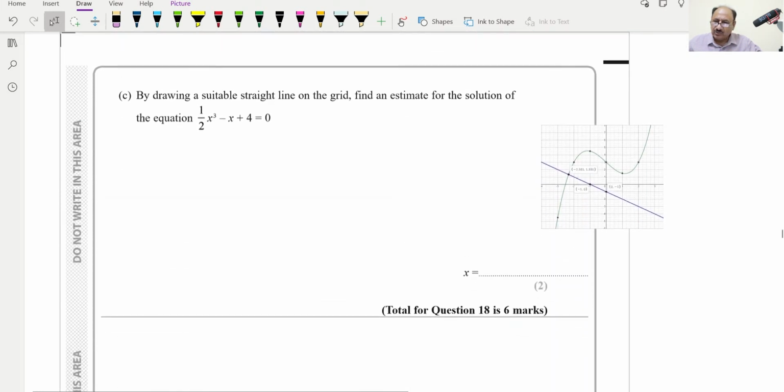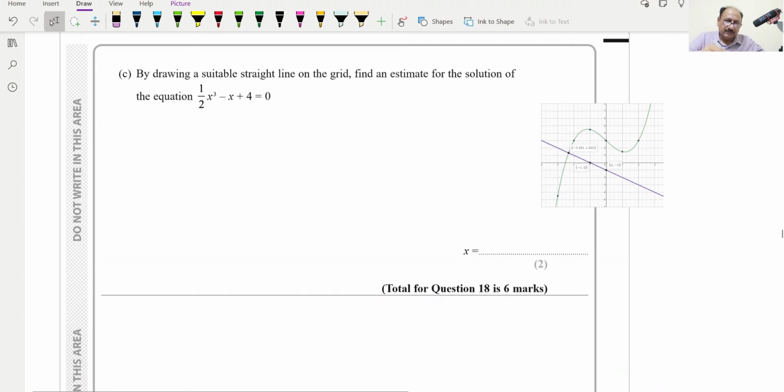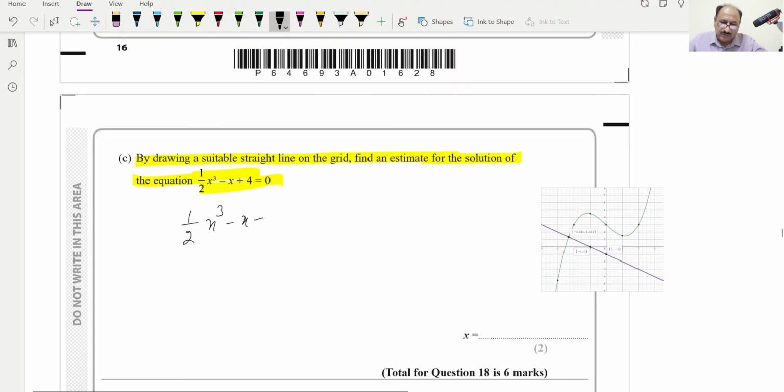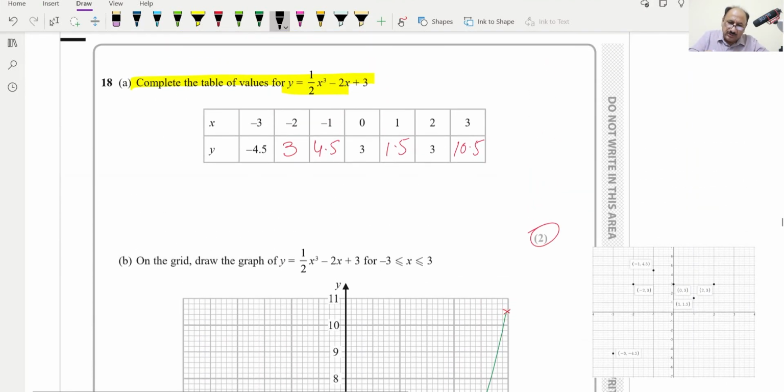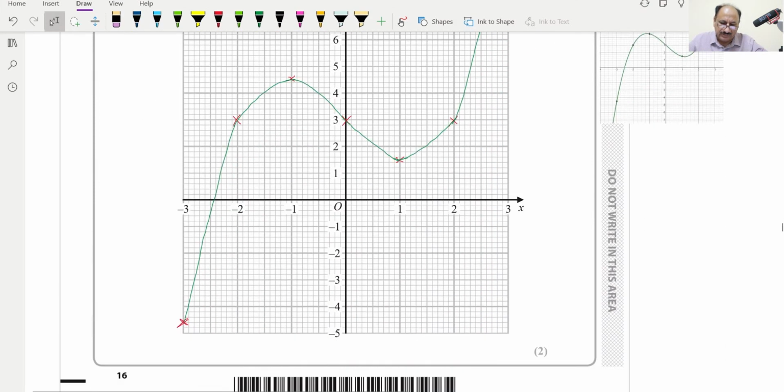And next is part C. By drawing a suitable straight line on the grid, find an estimate of the solution of this equation. For that we will be rewriting it like 1 by 2 x cubed minus x. If we check the main equation provided in part 1, it is half x cubed minus 2x plus 3.